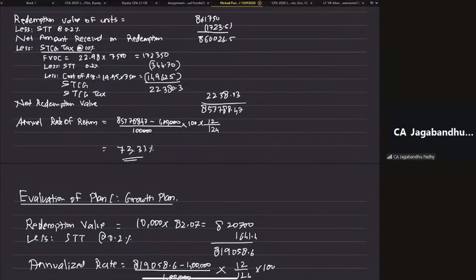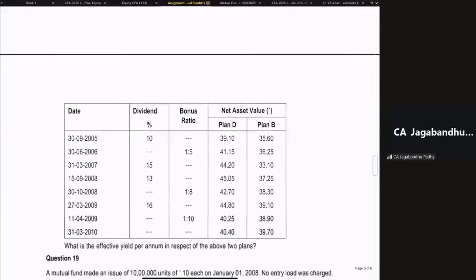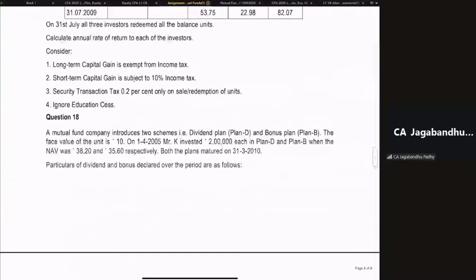But it would come under long-term capital gain. Since long-term capital gain is exempt over here, we are not considering that tax.